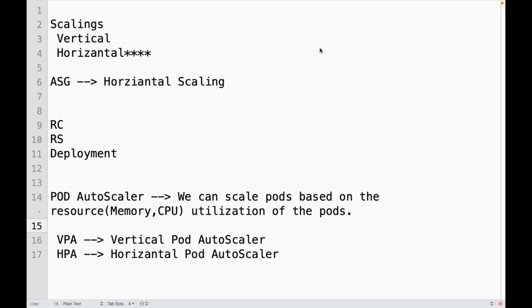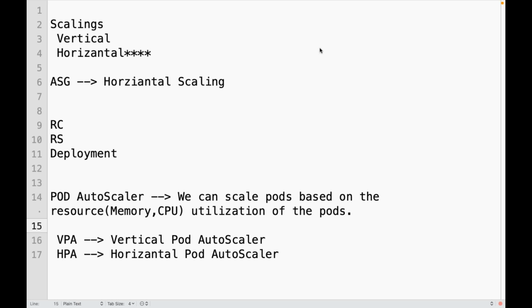If a lot of people are accessing your application, do the CPU and memory utilization go high? Yes. If you don't take any action, and your pod is running out of CPU, then within a pod you have a container.